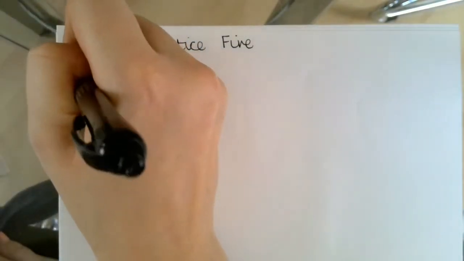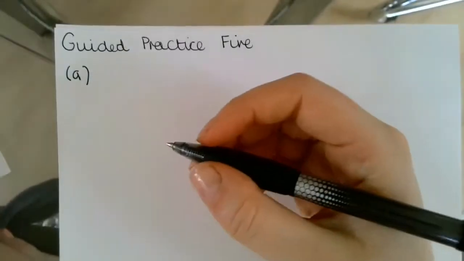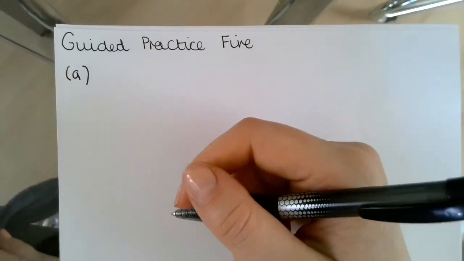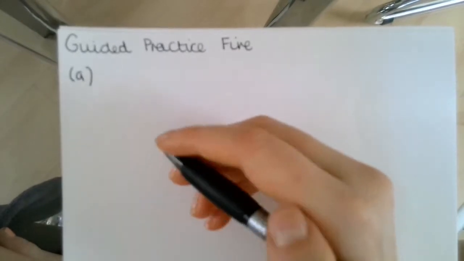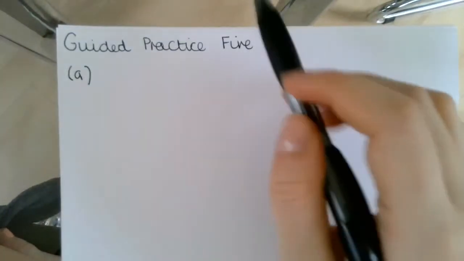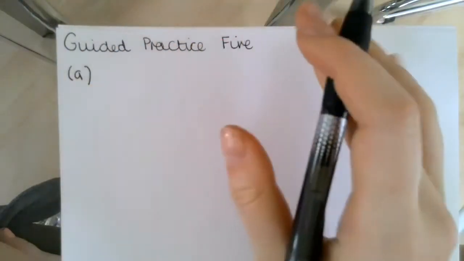For part A, you're working out the probability that a student chosen at random watches B or C or both. So if you look at the Venn diagram, the 2 circles of B and C, you've got 4 numbers in those circles.